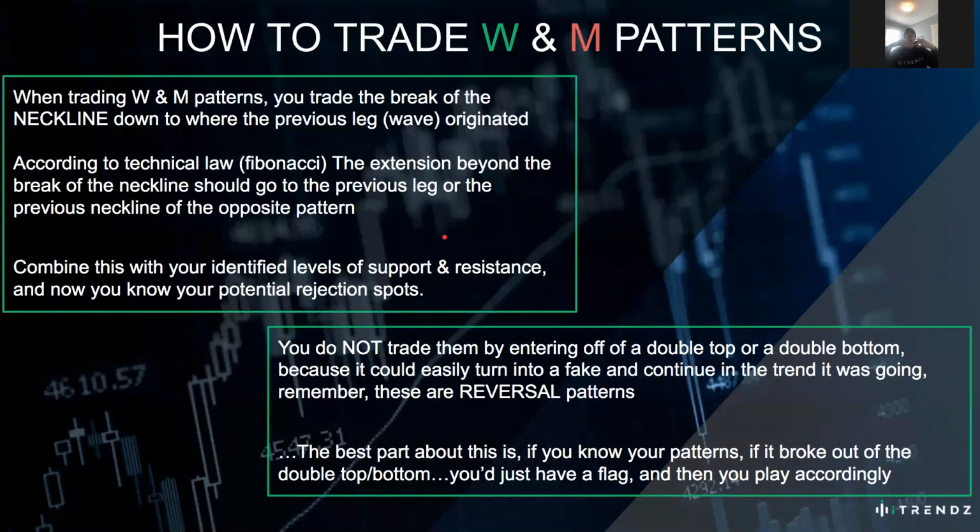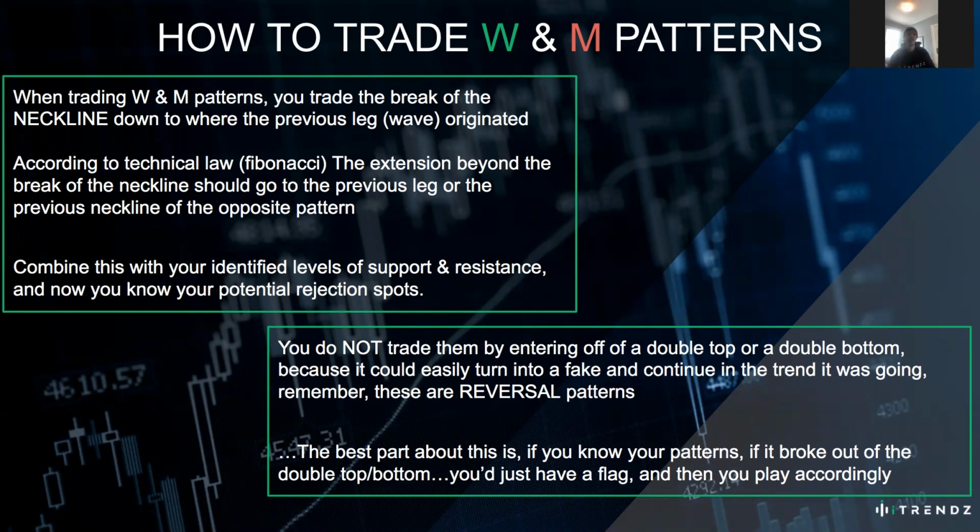So how do we actually trade those patterns that we just looked at? Well, you trade on the break of the neckline. Now, technically speaking, down after the break of the neckline, you will go down to where the previous leg, the previous wave actually originated. So according to that Fibonacci law, that's exactly where that extension is going to go. So if, say, your leg started at arbitrarily 1, and then your tops were at 2, your midline was at 1.5, that break of the neckline down is going to go back down to 1.